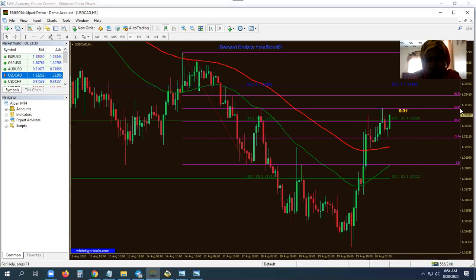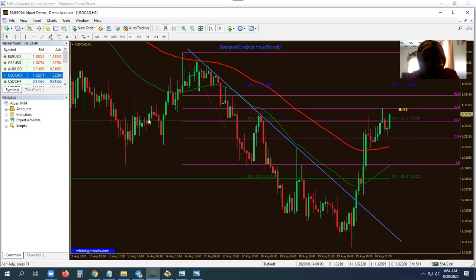At 50, and where is that level? It is also pivot resistance. You can see this is support 1, but support broken becomes resistance. So that becomes a powerful signal. Later on, when I show you how to add trend lines, you will see there was also a trend line.